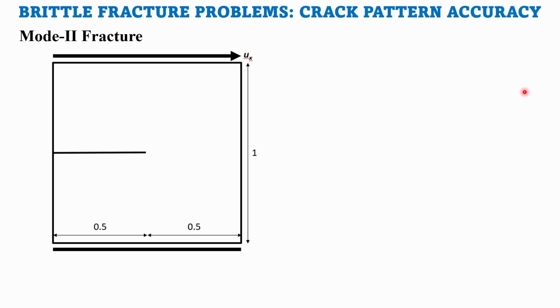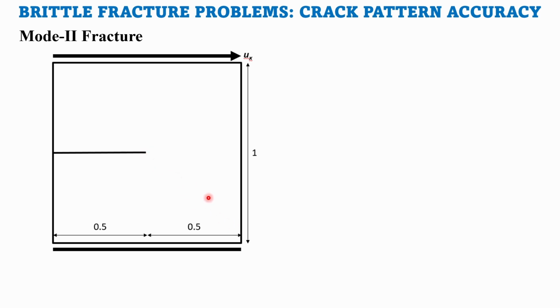So, the first one is mode 2 fracture. You remember in the previous video, I showed you the mode 1 fracture and the 3-point bending specimen. So this is mode 2 fracture where we have a SENT specimen and we are giving a shear displacement at the top surface. So what do you expect? From your general fracture mechanics courses, you expect a crack that goes from here to here, right?